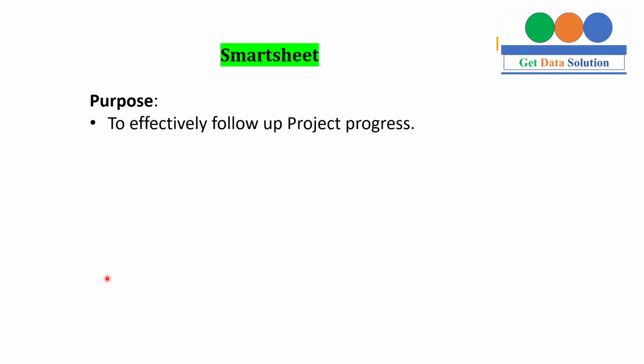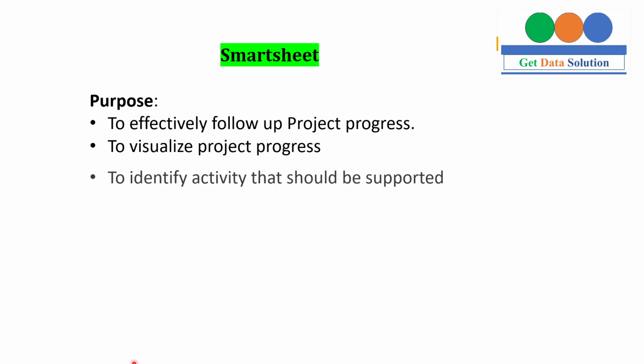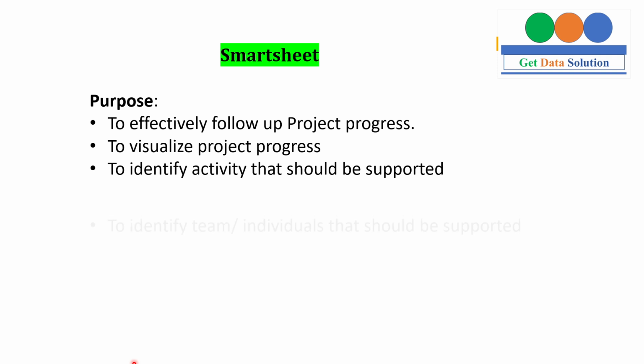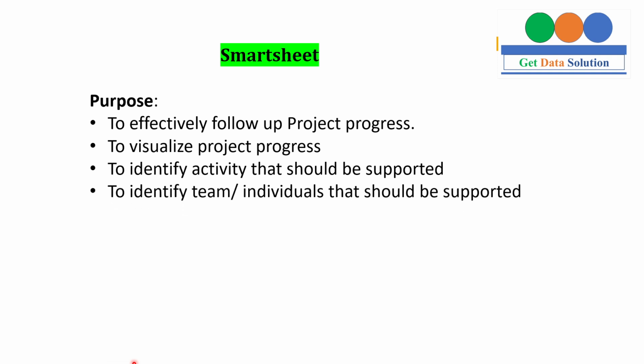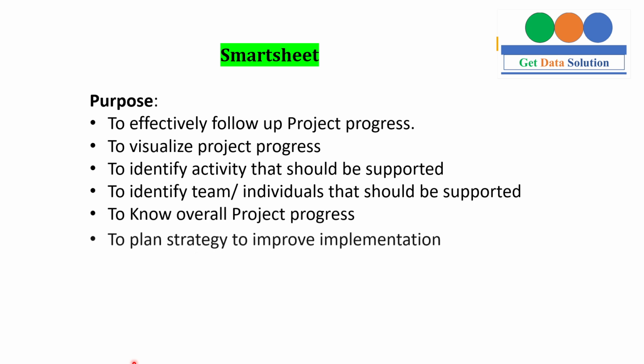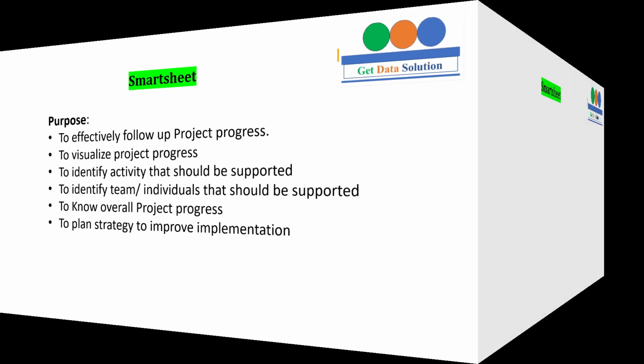The purpose of this is to effectively follow up our project progress, to visualize project progress, to identify activities that should be supported, to identify teams or individuals that should be supported, to know overall project progress, to plan strategy to improve implementation, and so on.